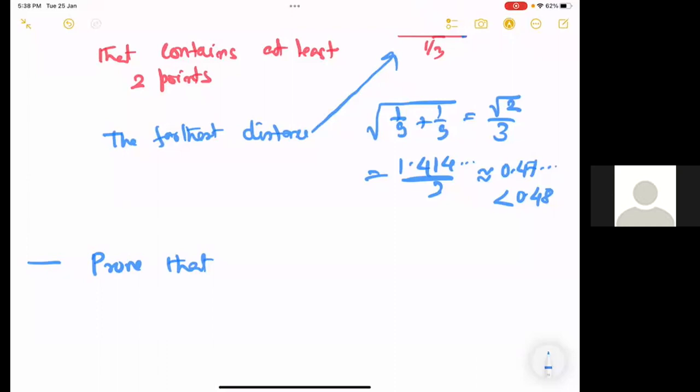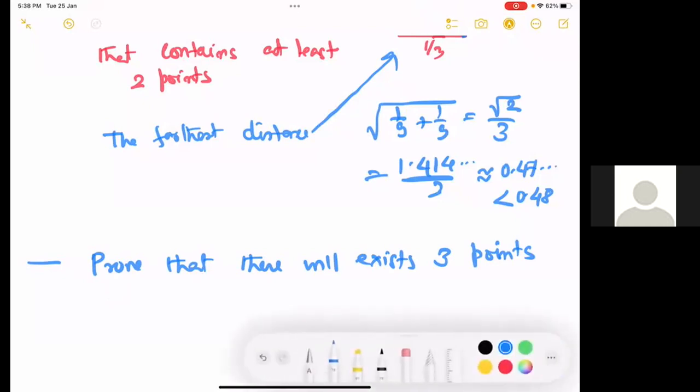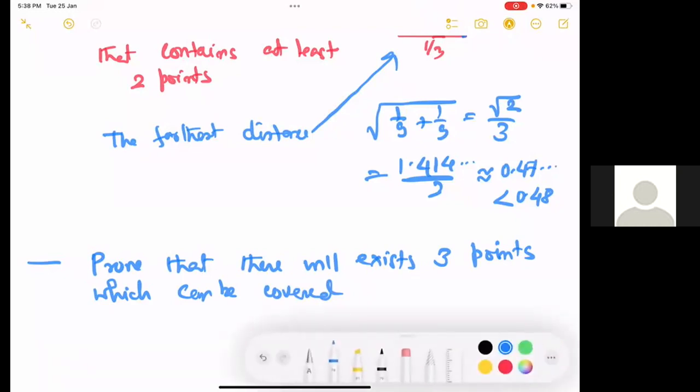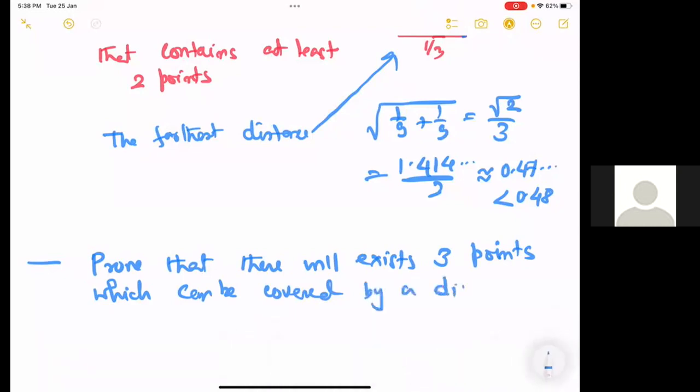Prove that there will exist 3 points which can be covered by a disk of radius, that's the point.